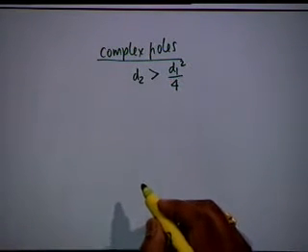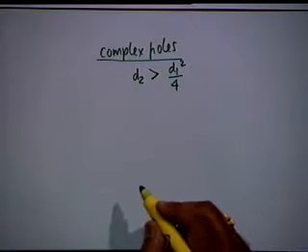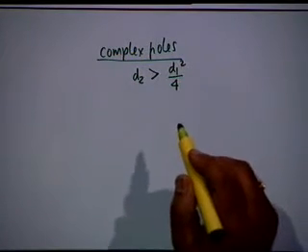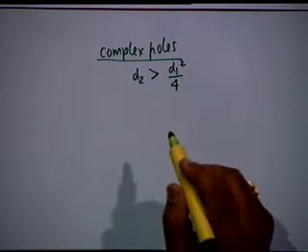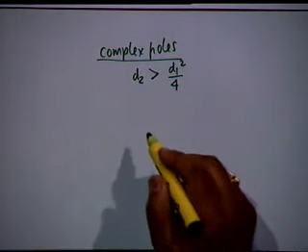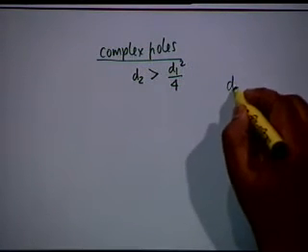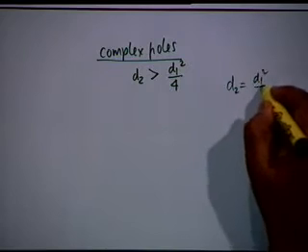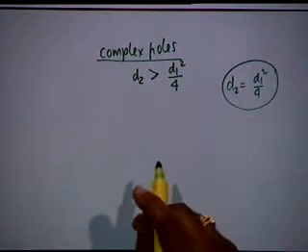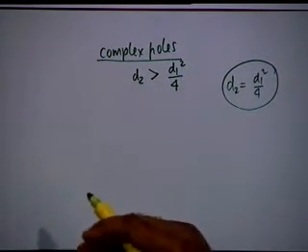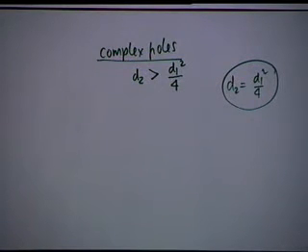Agreed? In other words, if I plot the curve with an equality sign here, that is d2 equal to d1 square by 4, then d2 should be above this curve.